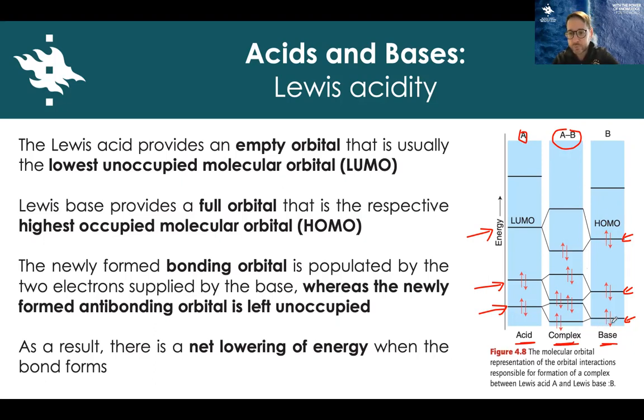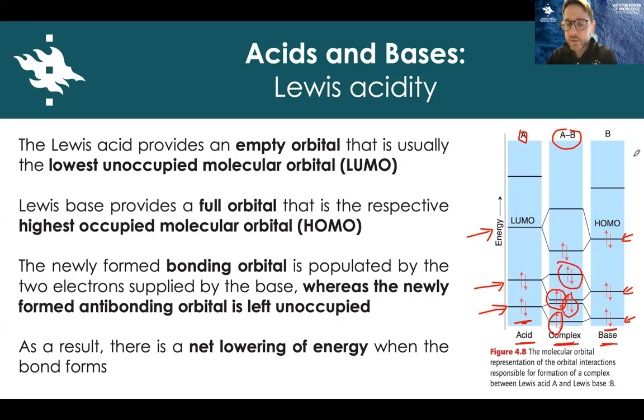In this kind of bond, for example, this orbital of the acid is occupied by 2 electrons, and this orbital of the base is occupied by 2 electrons. So the combination of 2 orbitals generates 2 other orbitals for the molecule or the complex, and then each has 2 electrons, because we have a total of 2 orbitals now and 4 electrons, 2 from the acid and 2 from the base. The same thing happens for this one.